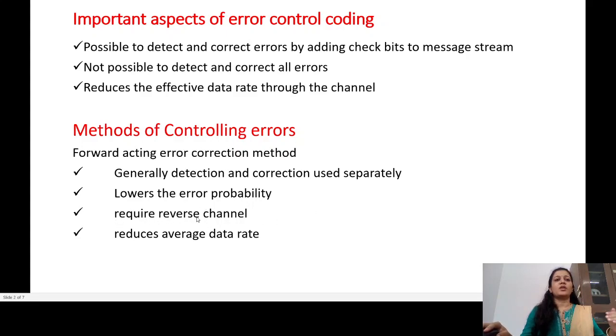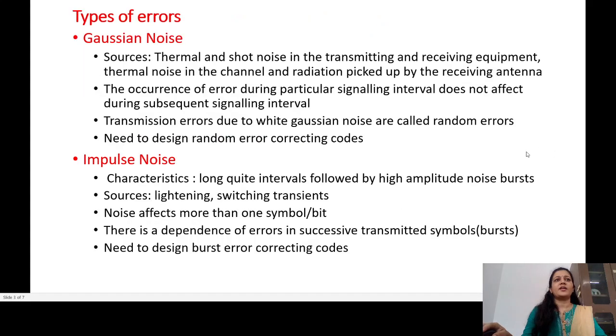That means one channel is not sufficient, we require an additional channel for such a request. And that will reduce the average data rate also, because the transmitter is sending the same data again and again until the receiver receives the entire data without any errors. Therefore, it will reduce the average data rate.